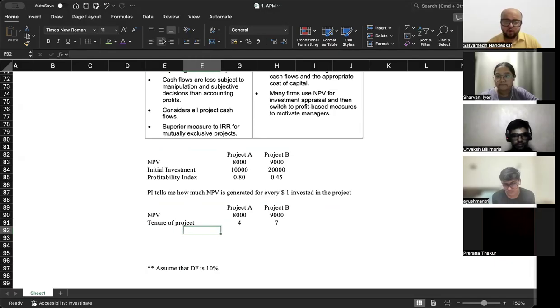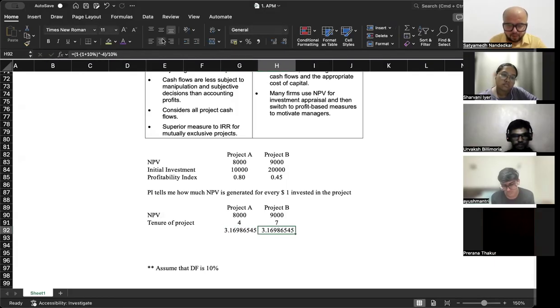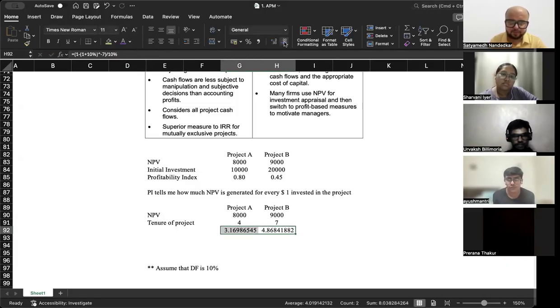In this case, what I will do is calculate the annuity factor for 4 years: 1 minus (1 plus 10%) raised to minus 4, upon 10%, and for 7 years, raised to minus 7, upon 10%. So this becomes 3.170. This becomes 4.868.